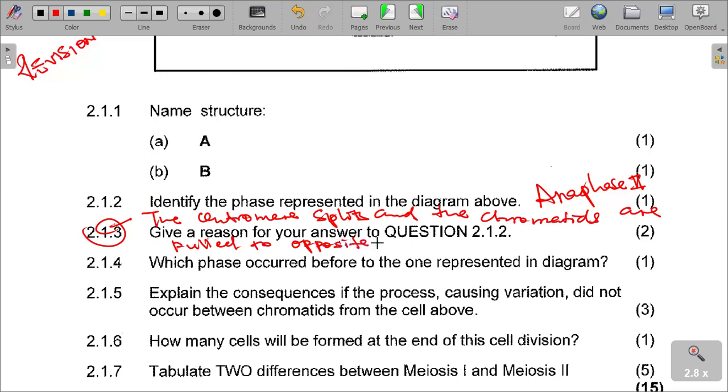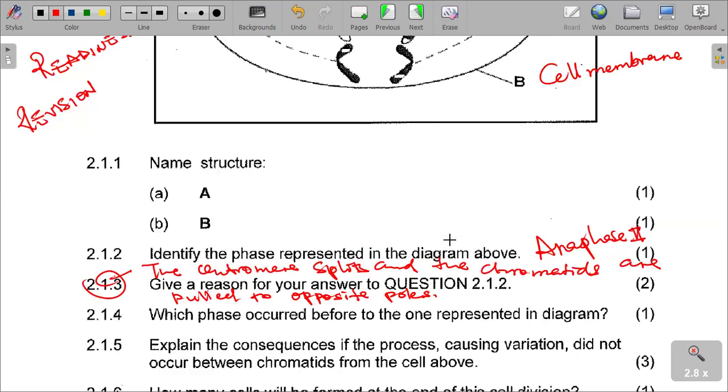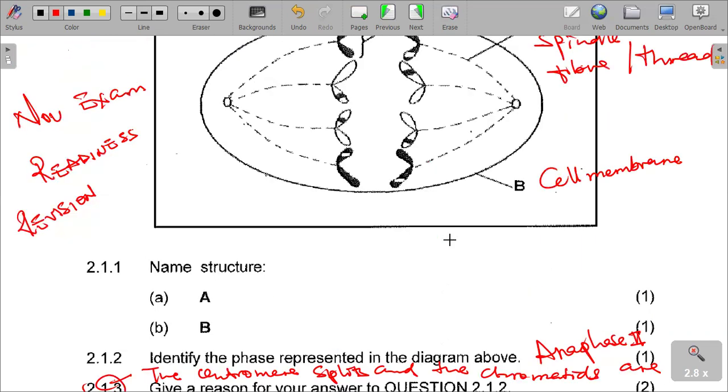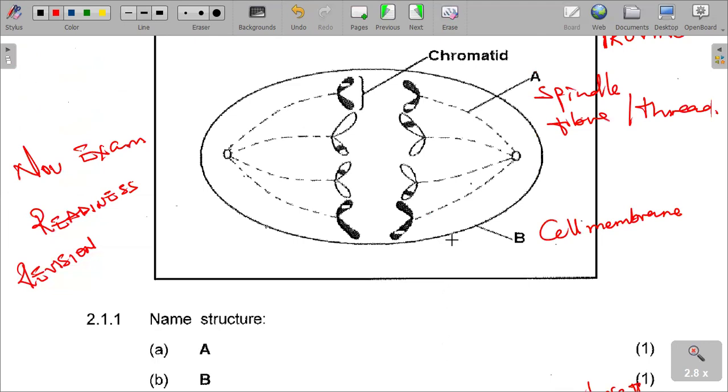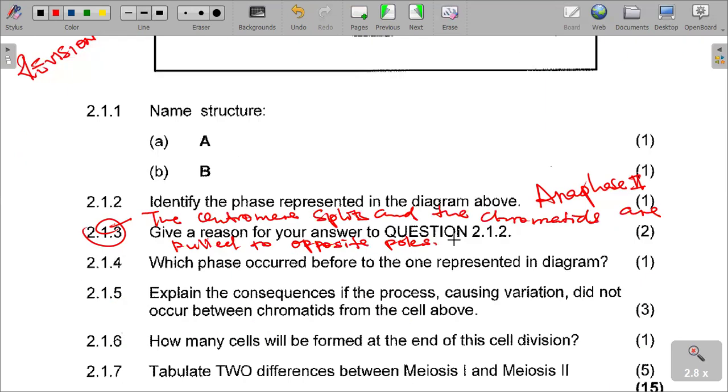That's the reason we can see. So that is why we are saying this is anaphase 2: the centromere splits, and the chromatids are pulled to opposite poles, as you can see from the diagram on the board here.